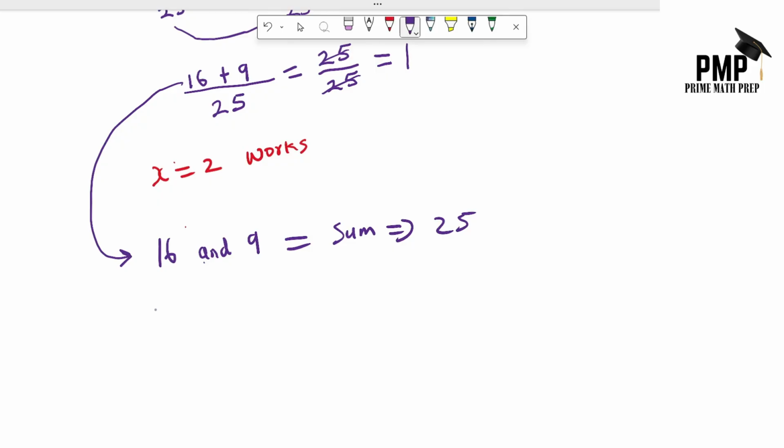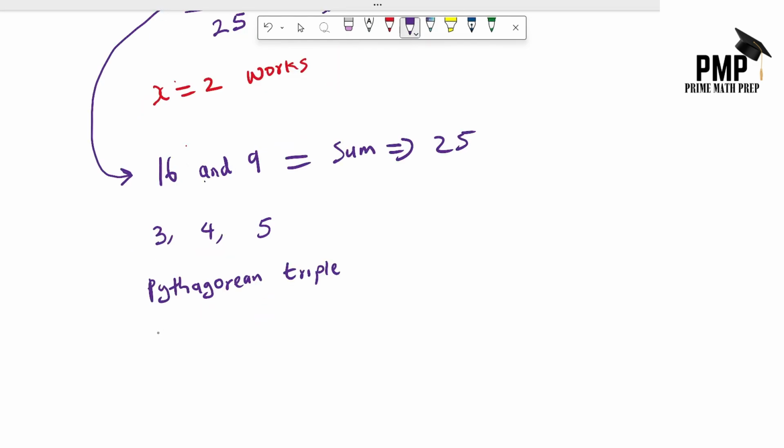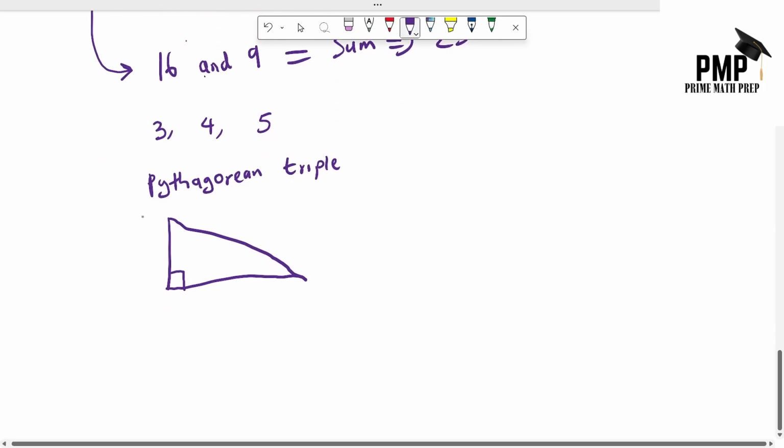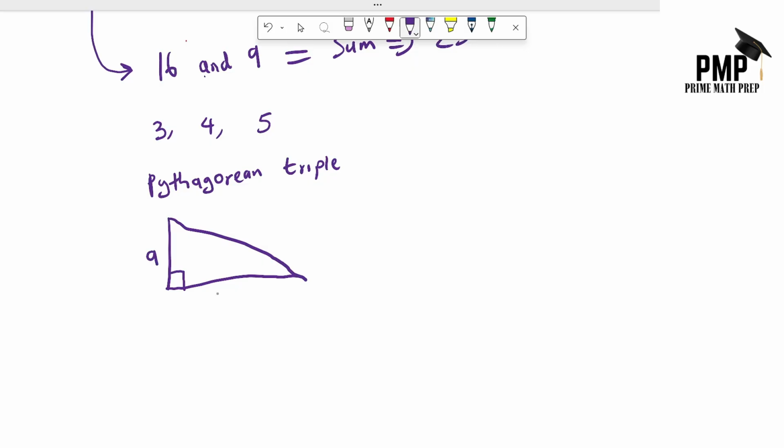If we have the numbers 3, 4, and 5, we have a right-angled triangle, where here is 90 degrees. This is not drawn to scale. One side is A, the other side is B, and the hypotenuse is C. Pythagoras said that A squared plus B squared is equal to C squared.